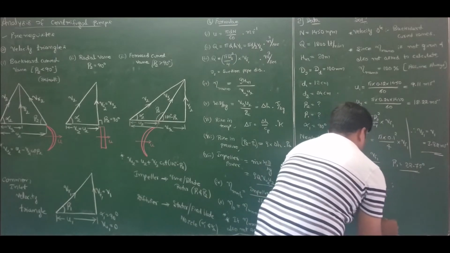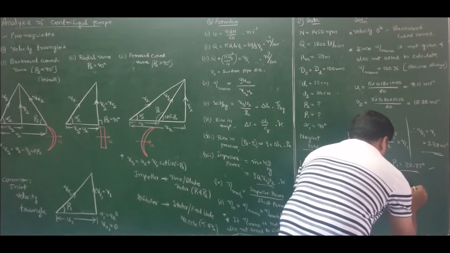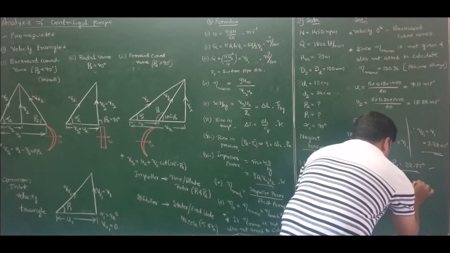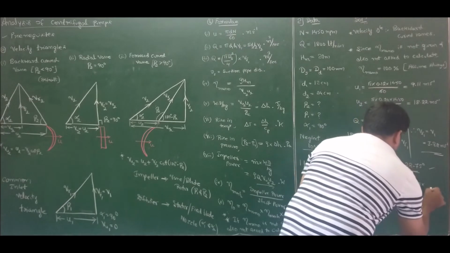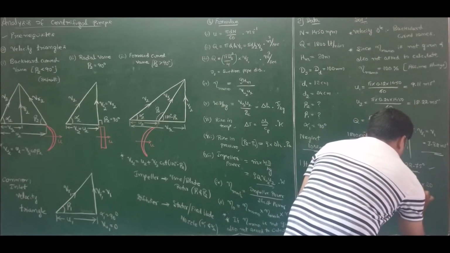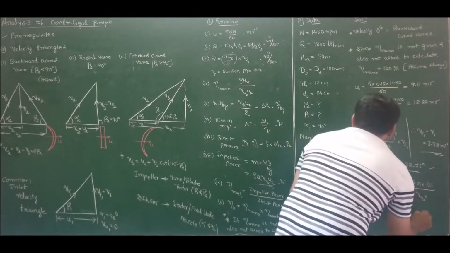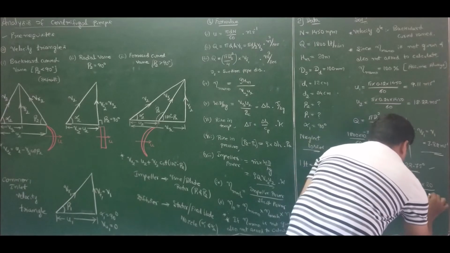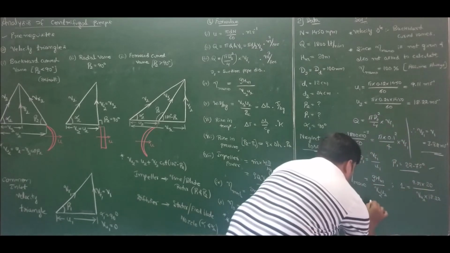So 100% is 1, equal to g, 9.81, into Hm, given as 20 meters, divided by Vu2, which is unknown, and U2, which is known to us, 18.22. So we get the value of Vu2.